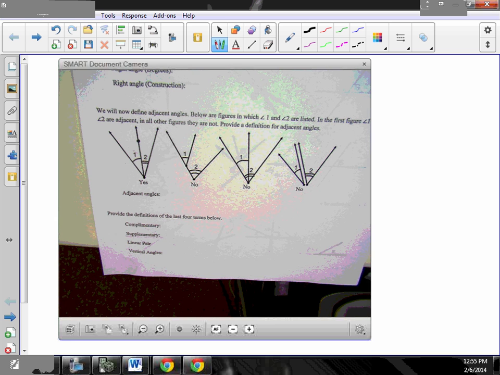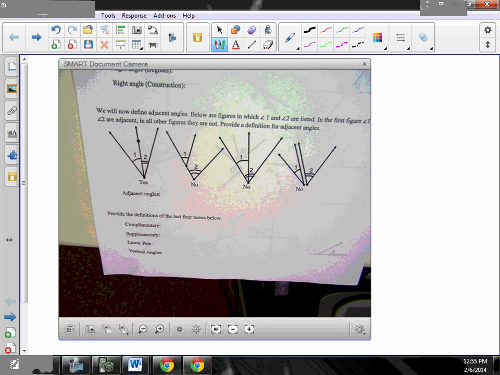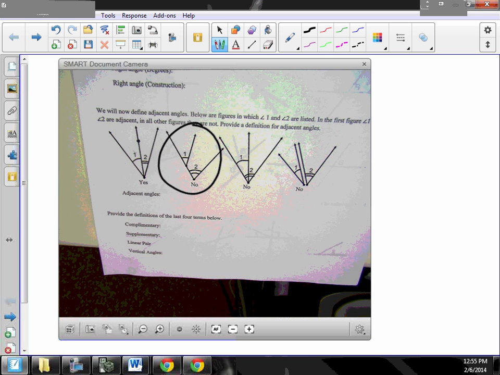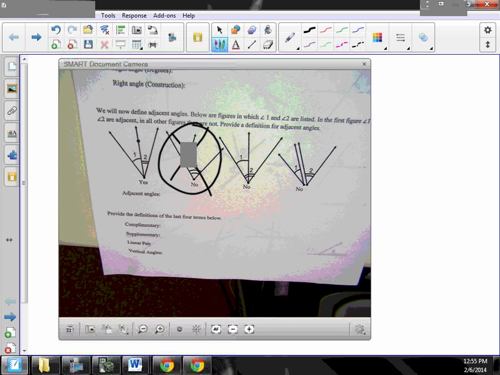So what are the qualities that adjacent angles have or do not have? They share a vertex. So if you look at figure 2, the difference between figure 1 and figure 2 is they share a vertex. So adjacent angles are angles that share a vertex.